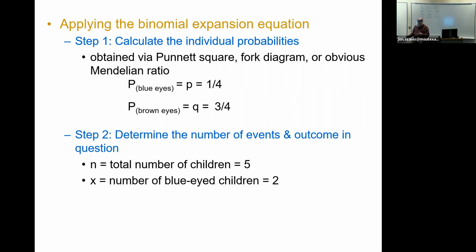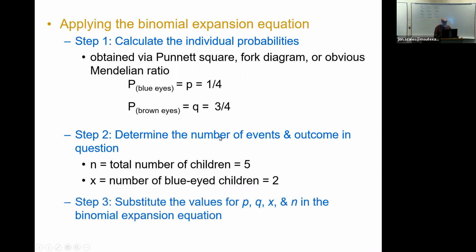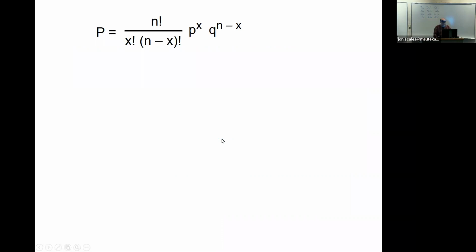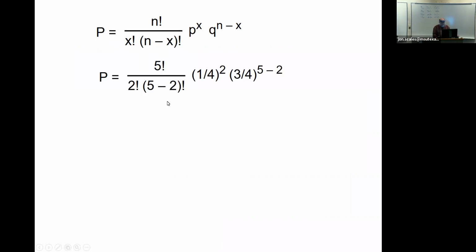So that's the number of events, that's X. And well, we reversed it, didn't we? The things that we're interested in are the 2 of the kids, and the total number of events are 5. It doesn't really matter whether you use X or not, as long as you put it in all the right places. All right, so 5 things happening. The ones we care about, X. How many of them aren't of the phenotype we care about? 5 minus 2, that's 3. I left it as 5 minus 2.